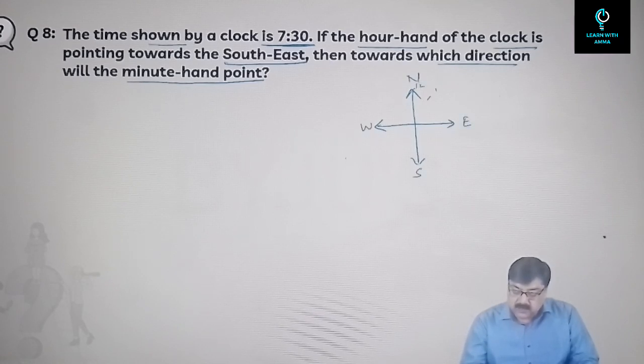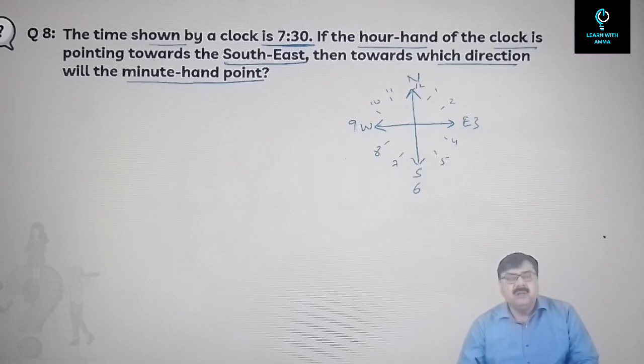This is 12, this is 1 and 2, this is 3, this is 4 and 5, this is 6, this is 7 and 8, this is 9, this is 10 and 11. Now what do you see at 7:30 in a clock? The positions of the minute hand and the hour hand are somewhat like this. The minute hand is exactly at 6 o'clock and the hour hand is right between the 7th and the 8th hour division. So this is how it looks like.